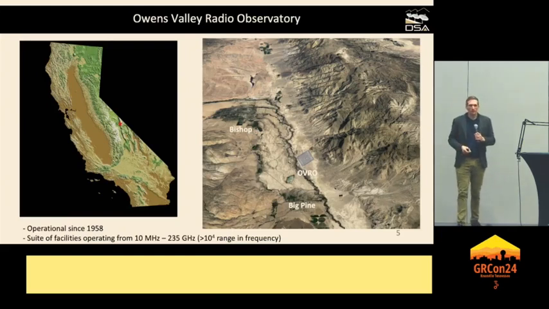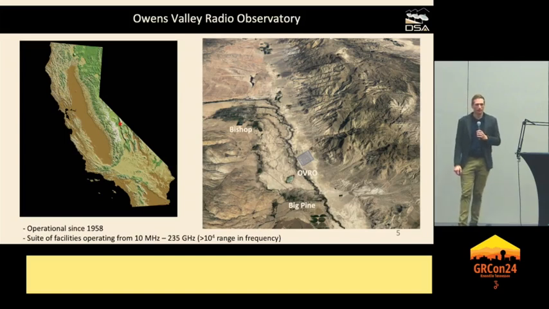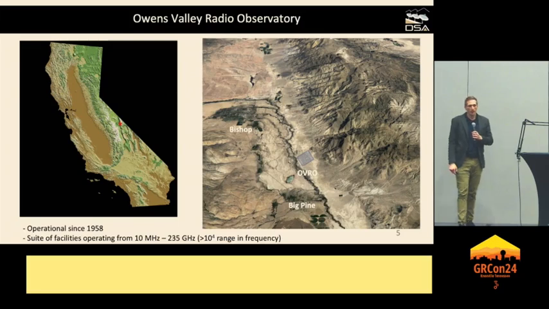So I mentioned the Owens Valley Radio Observatory, which is the radio observatory that I work for. I'm on campus at Caltech, so near Los Angeles. But our radio observatory is far away from any big metropolitan areas. It is located, it's this red star on the map of California, very close to the border with Nevada. And we're in a valley, and valleys are great for radio astronomy.